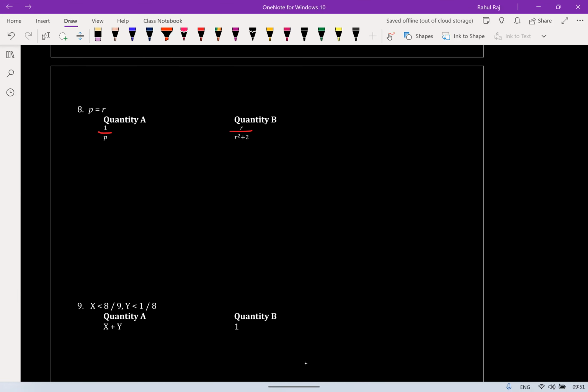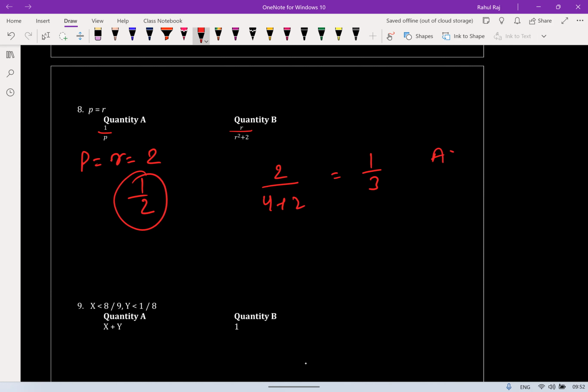So here you have to take the cases if R is negative and R is positive. Any case you take, your simple job should be to show that when I take P is equal to R is equal to 2, let's say, 1 by P becomes 1 by 2. Let me check over here: 2 by 4 plus 2, that is 1 by 3. Can I say quantity A is greater than quantity B here? Yeah.